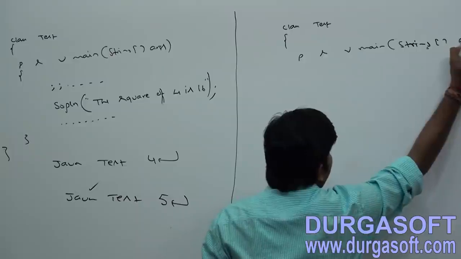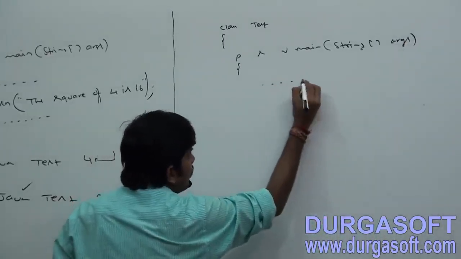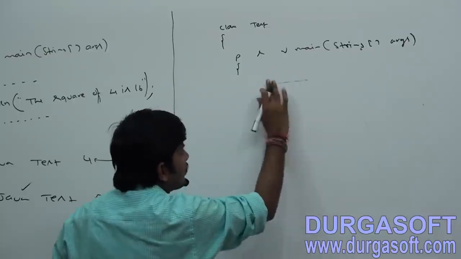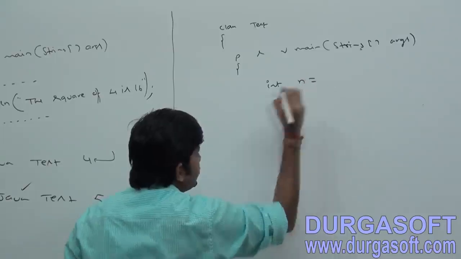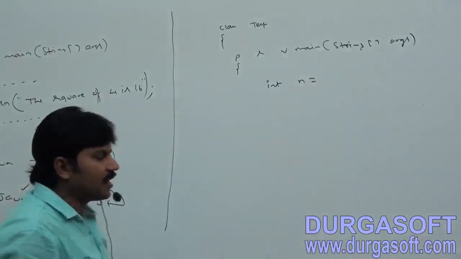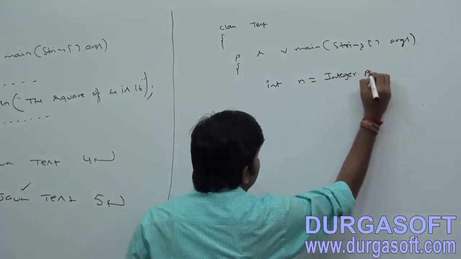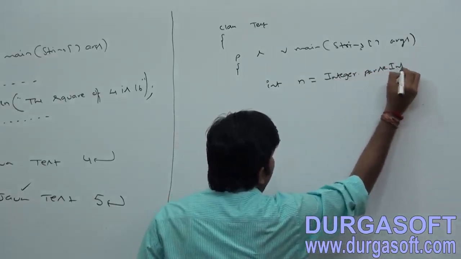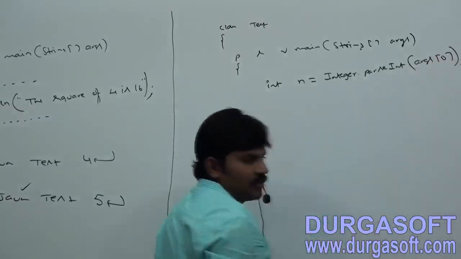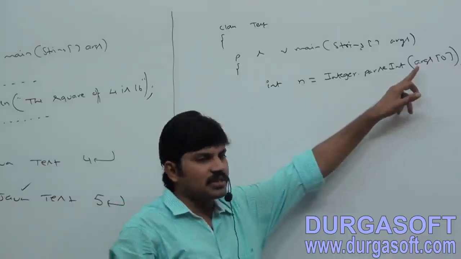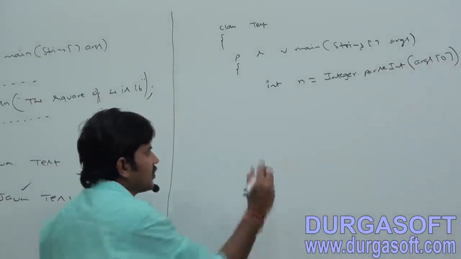Just observe String[] args here. Here the earlier braces are not required, only proper code. int n = Integer.parseInt(args[0]). Sir, whatever string you are passing from the command prompt, now I am taking as n. int n = Integer.parseInt.